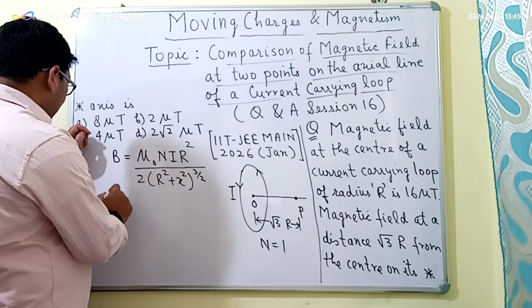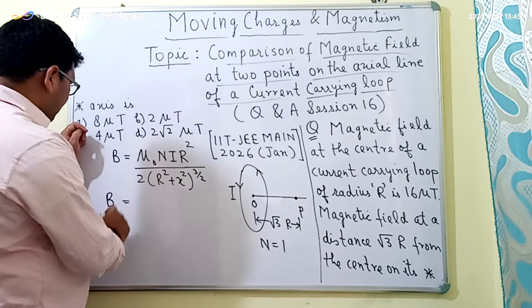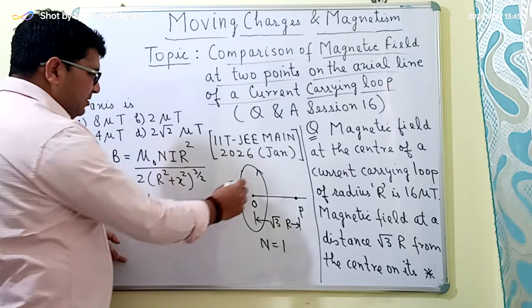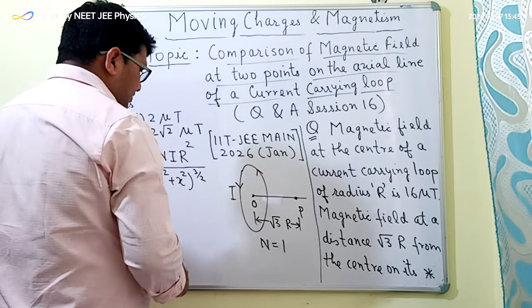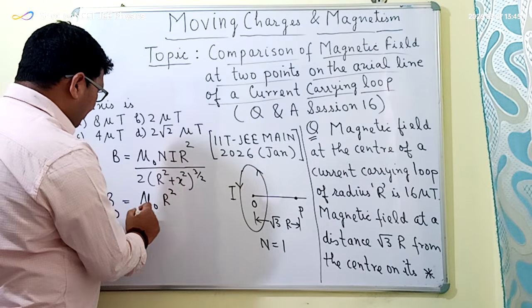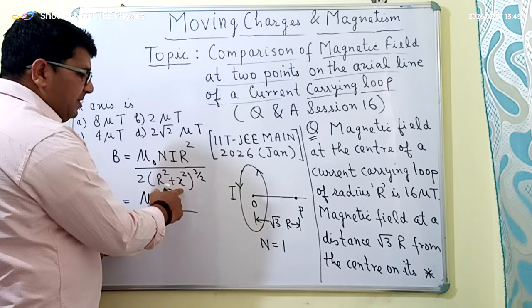The magnetic field at the center, I am taking this as B0. B0, the magnetic field at the center of this current carrying loop, will be equal to mu naught r square I divided by 2 r cube, where x is equal to 0.